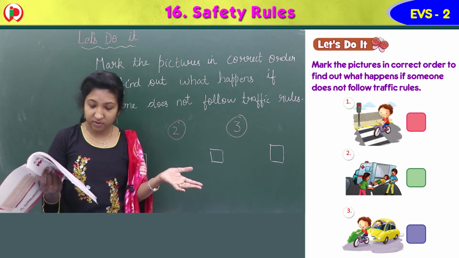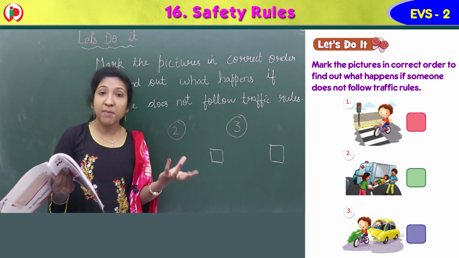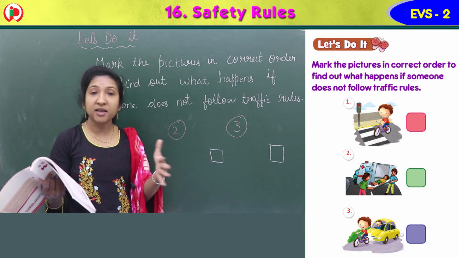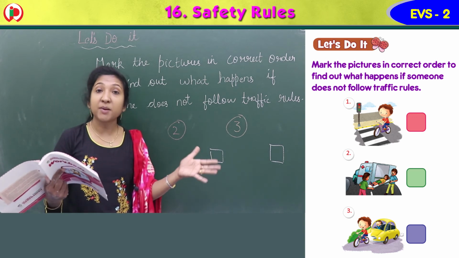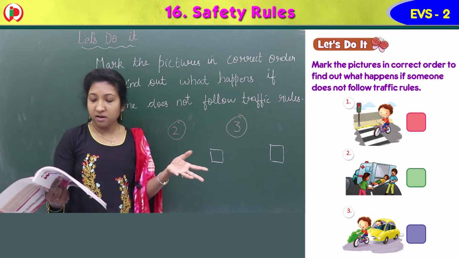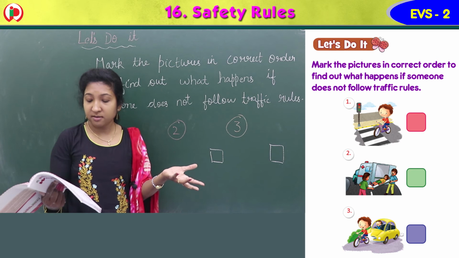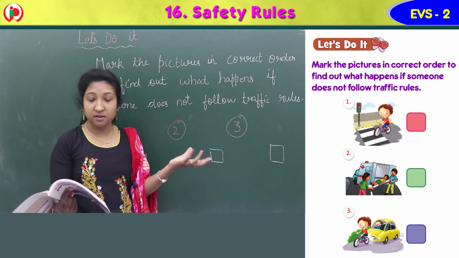First image, you can see a child on a bicycle. He is riding that cycle on the zebra crossing. Second image, you can see an ambulance. They are taking a child to the hospital.